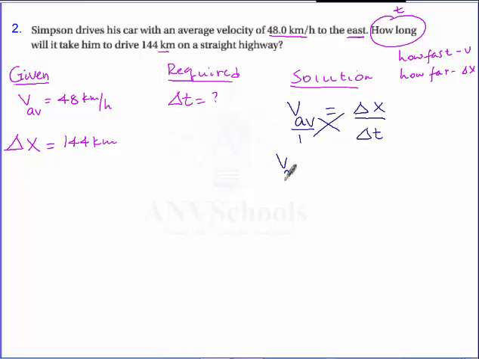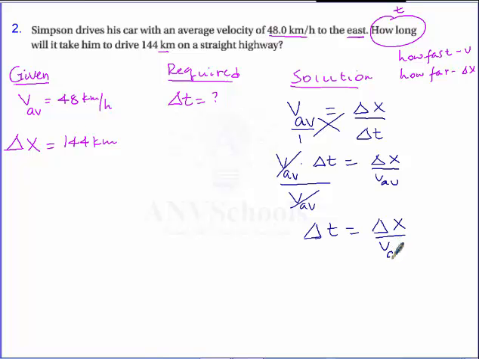Average velocity multiplied by the time interval is equal to the displacement of the object. To find the time interval, we divide both sides by the average velocity. Once we make the time interval the subject of the formula, the next step is substitution.